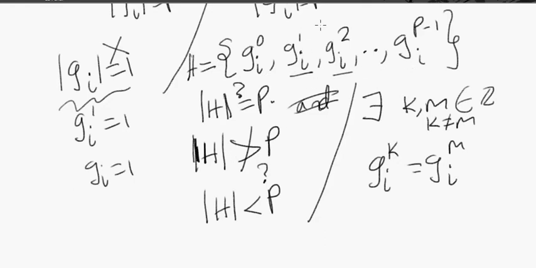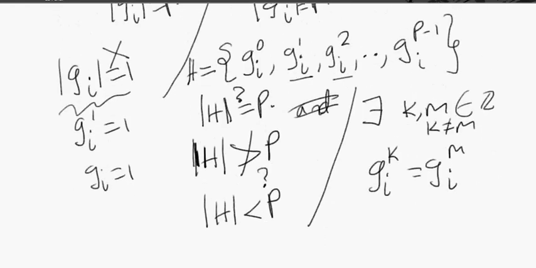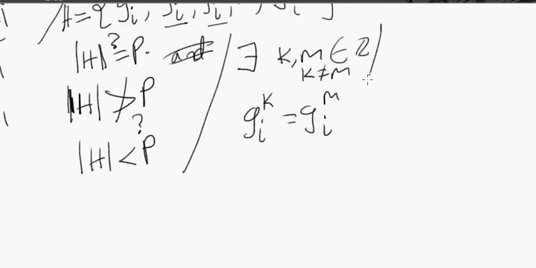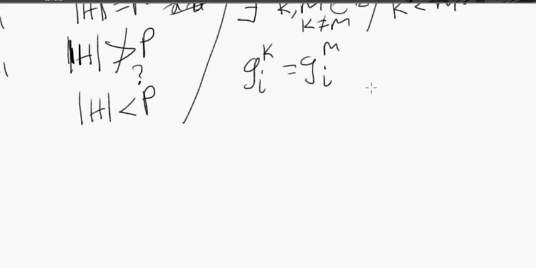That is, there is some k not equal to m for which g sub i to the k equals g sub i to the m. Well, is there anything stopping us from assuming that k is less than m? What would we do with that information?